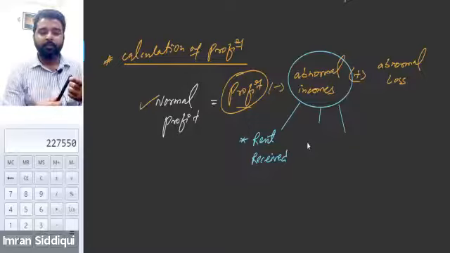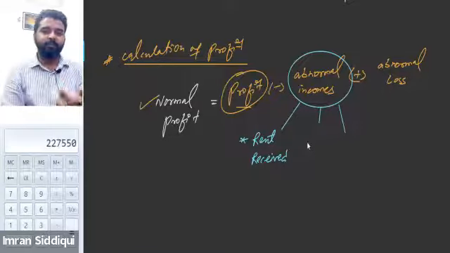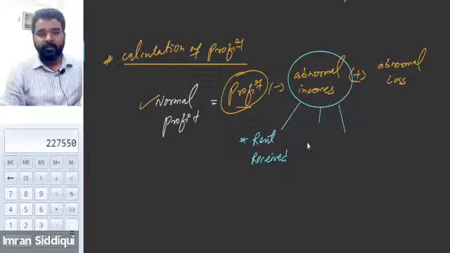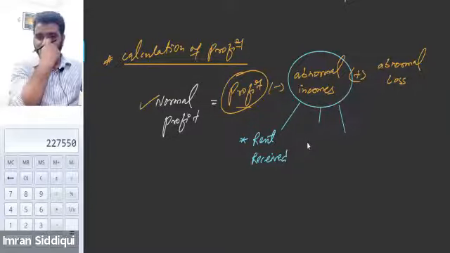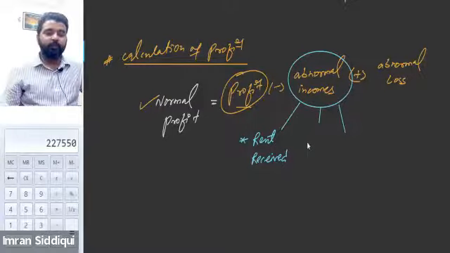If he sells old furniture to some person, then also he will be generating some income. But please tell me, which income will be considered as the operating income of this person? The income that he generates by selling the goods, or the income that he generates by selling the old furniture? Which is the main source of income? The income from selling the goods. Perfect, selling the goods, yes.